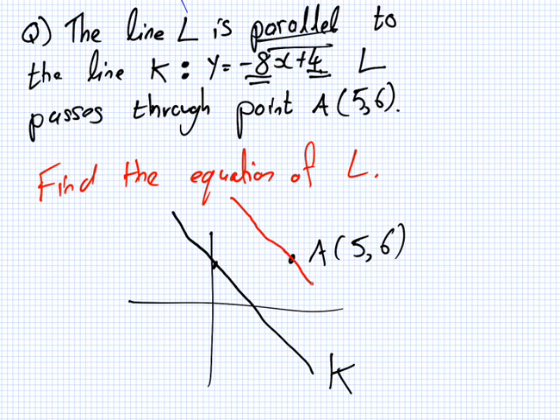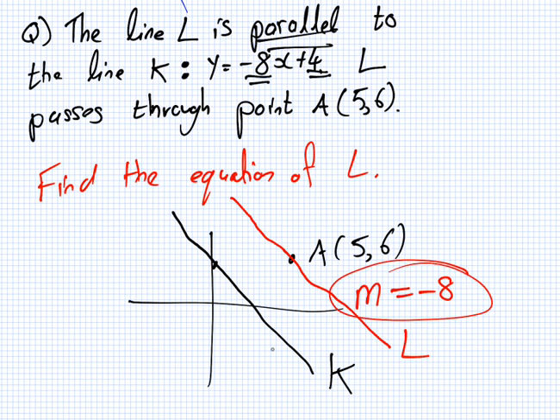L passes through A, and point A is 5, 6. Okay, so the question is, find the equation of L.